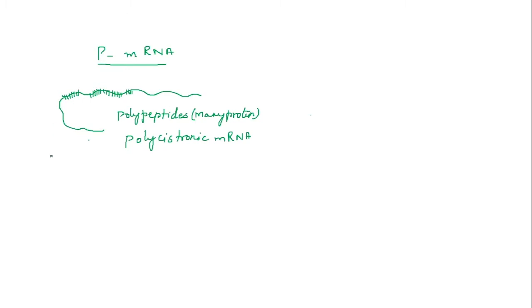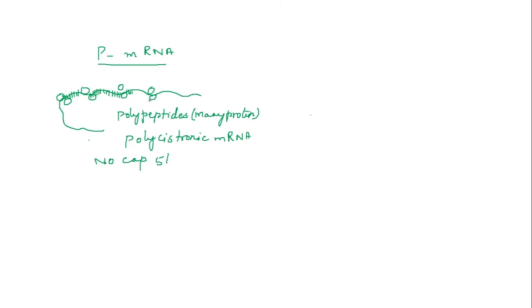But this mRNA does not have a cap. There is no cap on the mRNA on the 5' end. And because there is no cap on the 5' end, the ribosomes bind randomly at many positions on the mRNA strand.